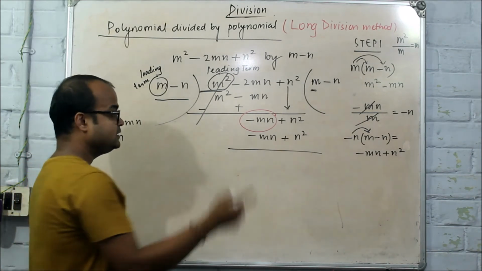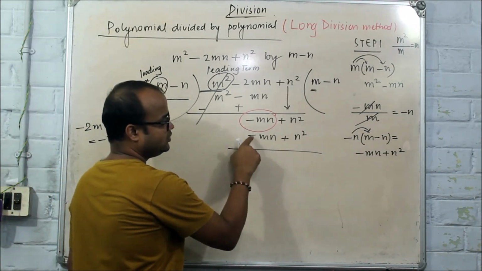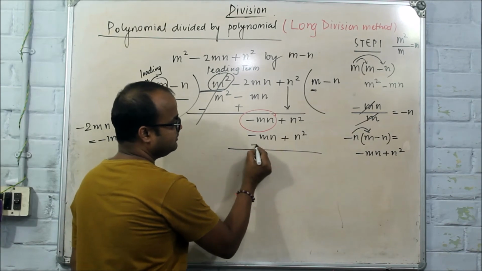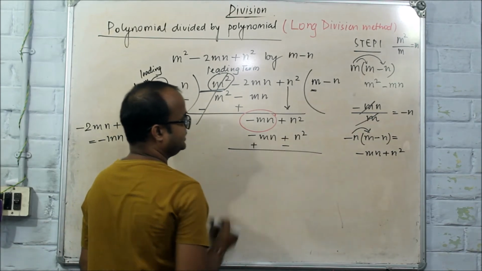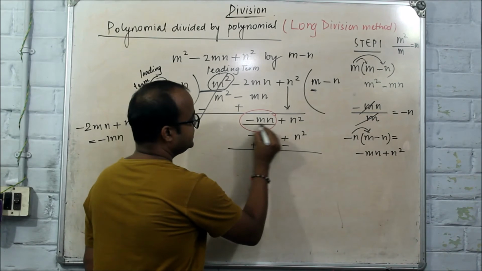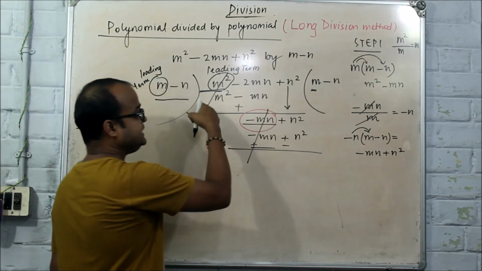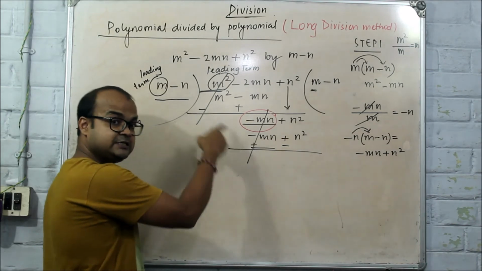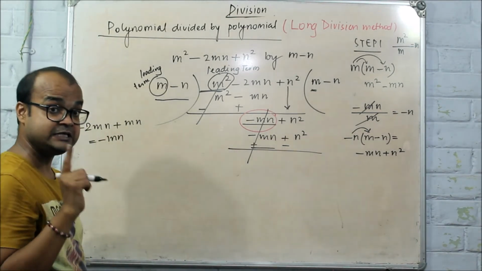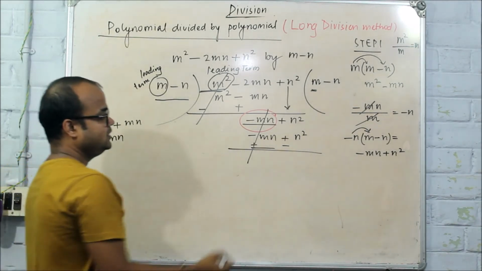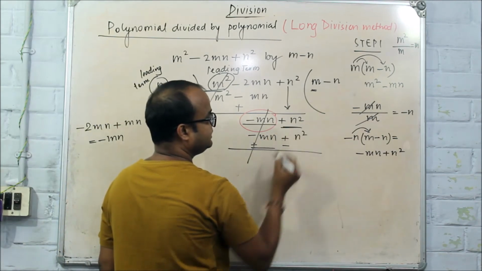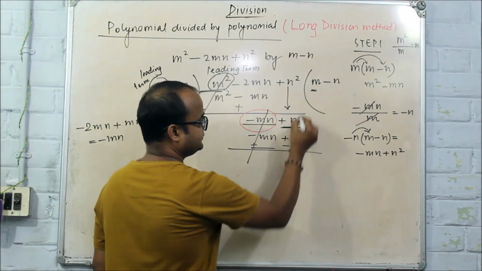Now next is change the sign of this term. So minus will become plus, plus will become minus. So now see, this is minus mn and this will become plus mn. So cancel. See, each time after each step our leading term is getting cancelled. Plus n square minus n square, cancel.